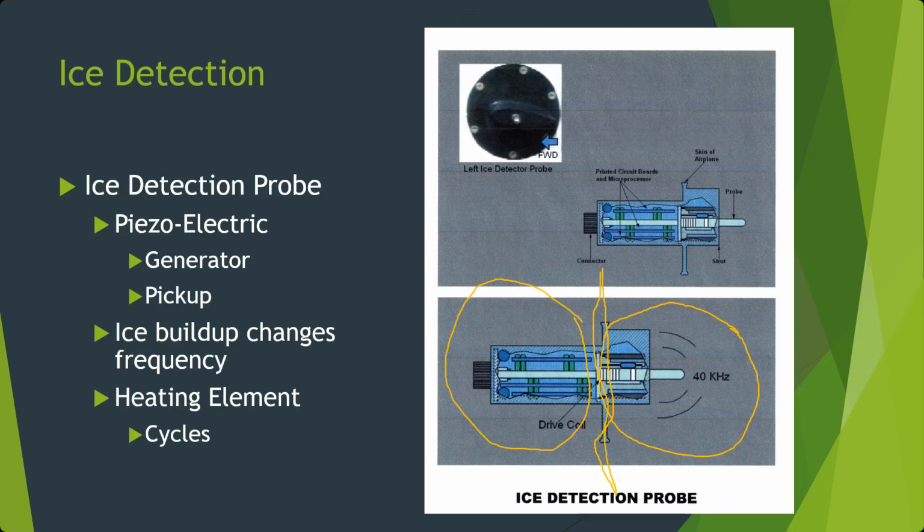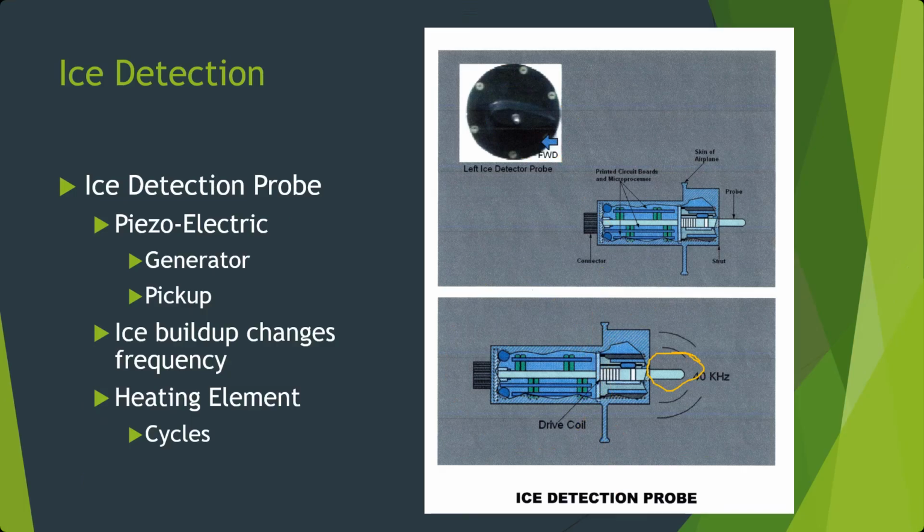What we're seeing in the top is this area shown by the right side here. There's a little knob that sticks out, about an inch, inch and a half long. The driver inside of here, a piezoelectric driver, induces a high frequency, 40,000 hertz, 40 kilohertz, vibration in this little probe sticking out into the airstream.